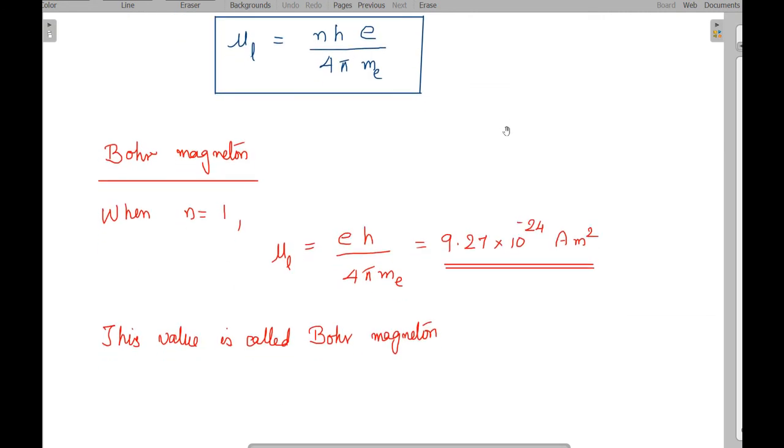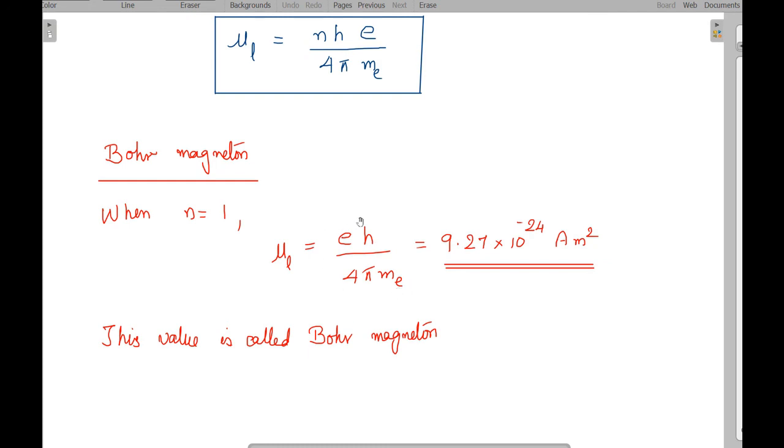Now let us see what is meant by the term Bohr magneton. Now n is the principal quantum number. Now suppose the electron is in the first orbit, that is when n equals 1. So when n equals 1, we can write mu L equals eh divided by 4 pi me.